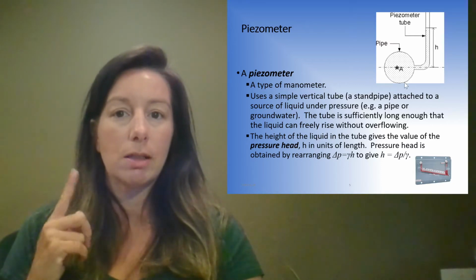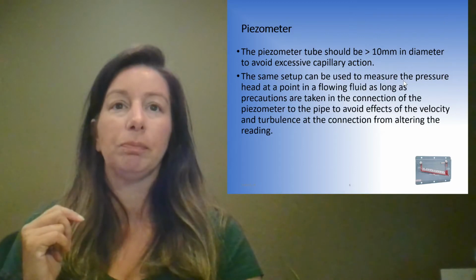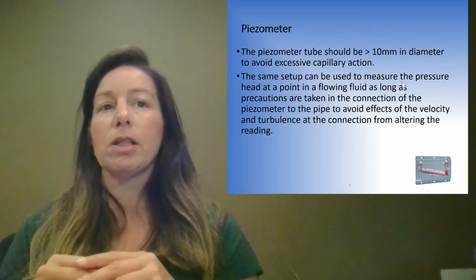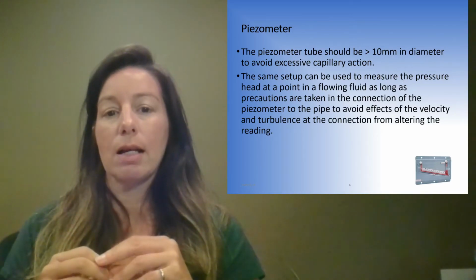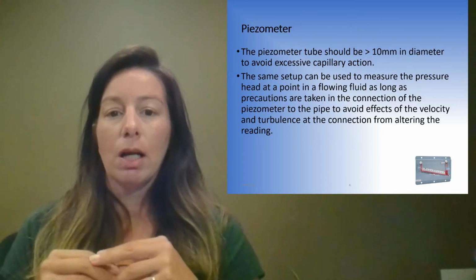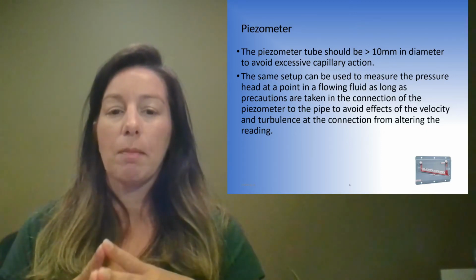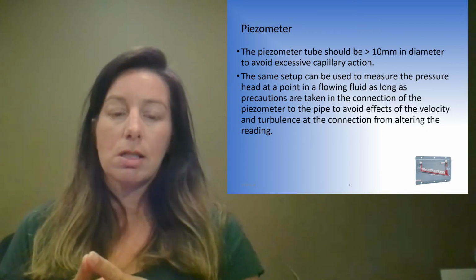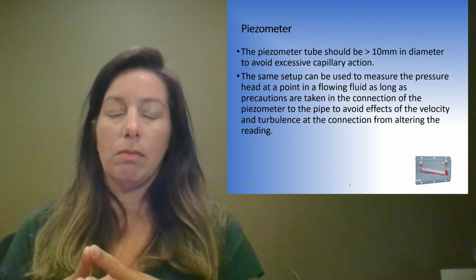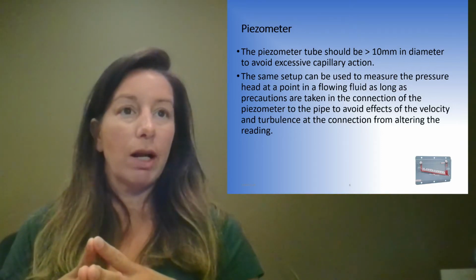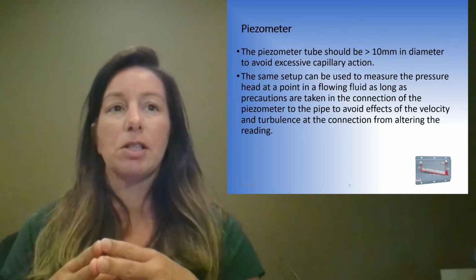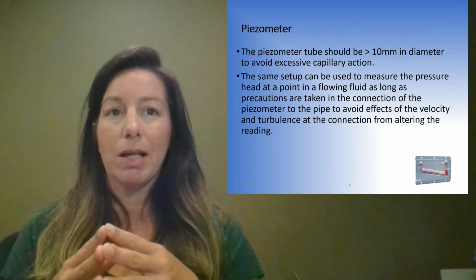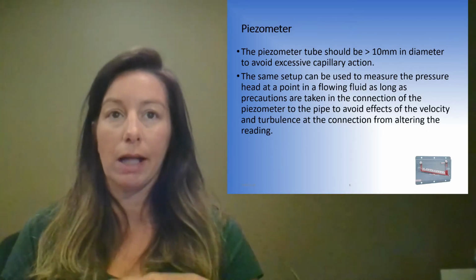Just keep that in mind when we're doing these calcs. A piezometer tube should be greater than 10 millimeters in diameter to avoid excessive capillary action. Remember we said before, I think it was less than or greater than, so the tube has to be greater than 10 millimeters so that you're not getting this weird capillary action.